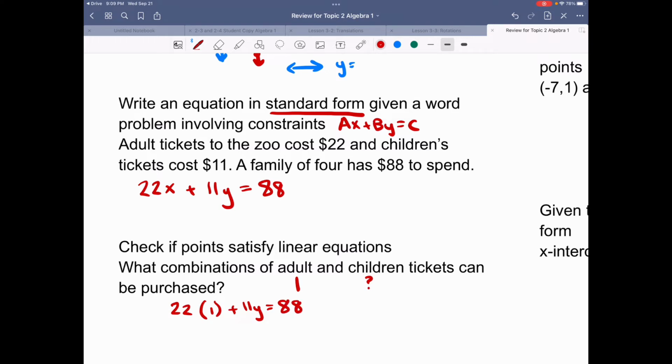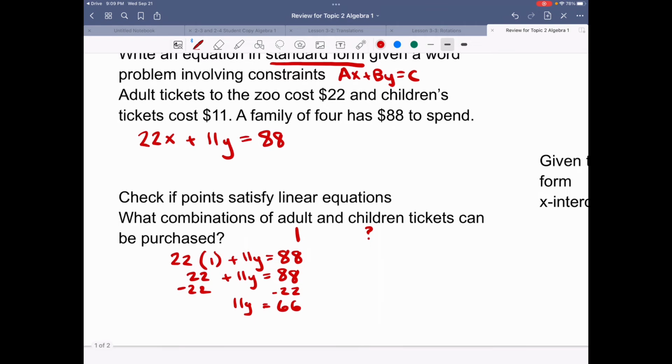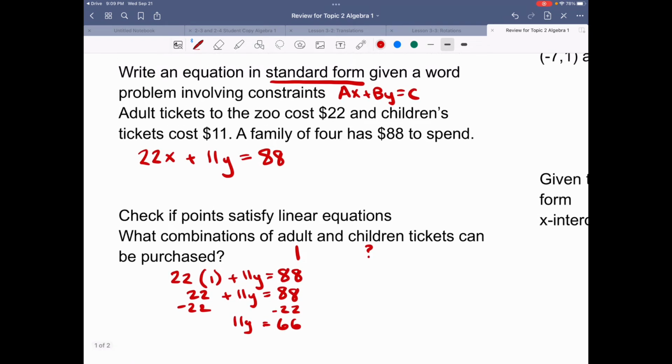So just solving for y, 22 plus 11y equals 88. And if I subtract 22, I get 66. So 11y equals 66. So that means if we divide, we would get 6, right? So if we had one adult, we could bring 6 children.